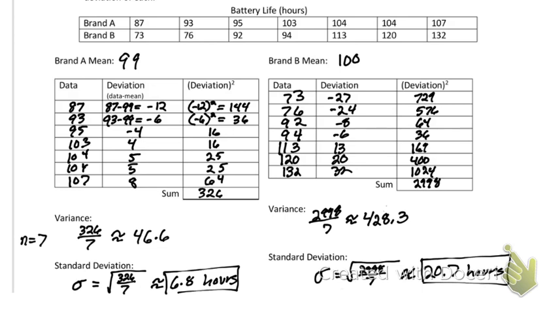Okay, let's revisit that question that said, which brand of battery should you buy? Hamza: I just have a question on this. What does variance give? Variance is the number before you take the square root of it. So some people use variance in place of standard deviation. What is the difference? One is the square root, and it makes more sense in the data, because one is 20.7 hours, one is 428.